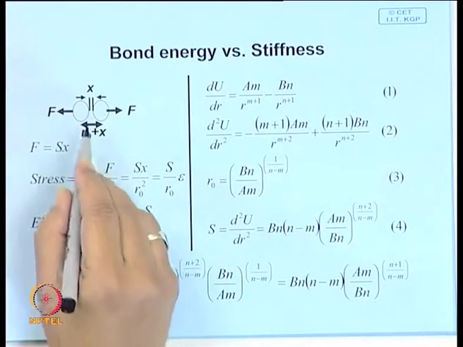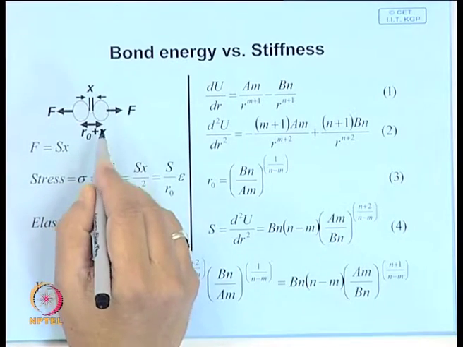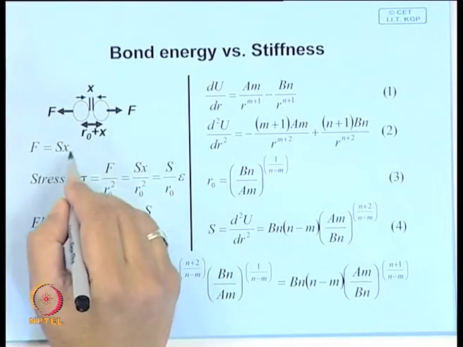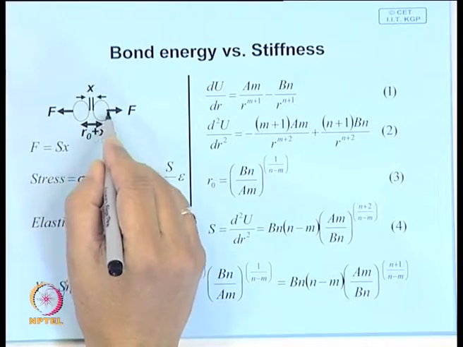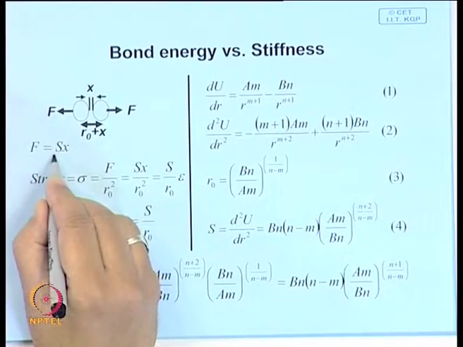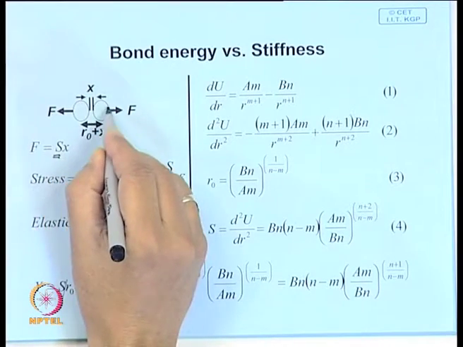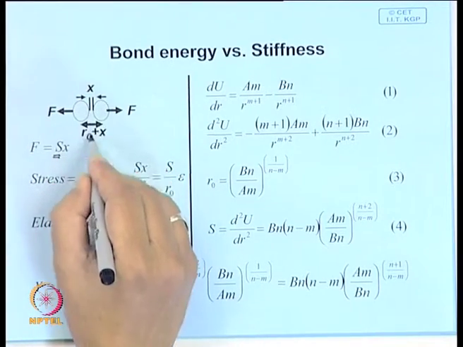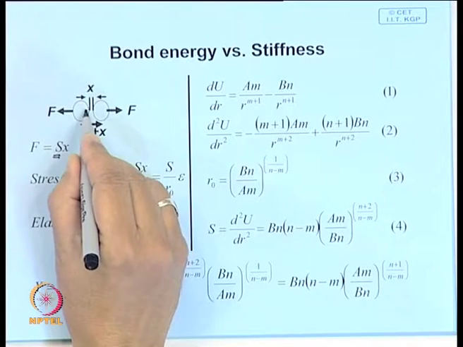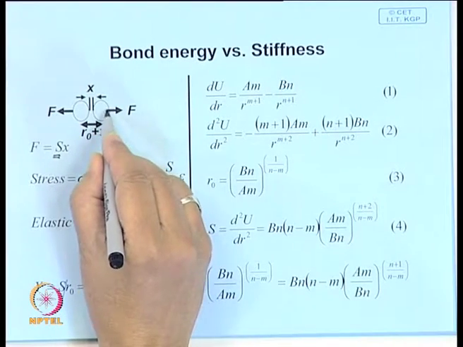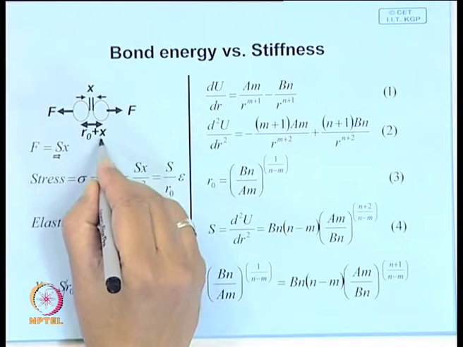Now, we are very familiar with Young's modulus. Is there a relationship between Young's modulus and stiffness? So, visualize two atoms in the same way, separated by a distance r naught, and you try to displace it by a small distance x.